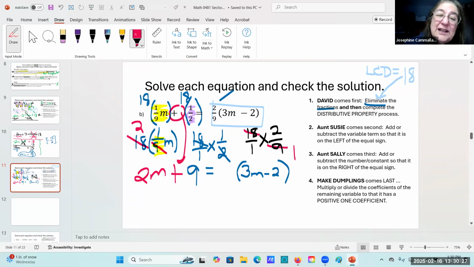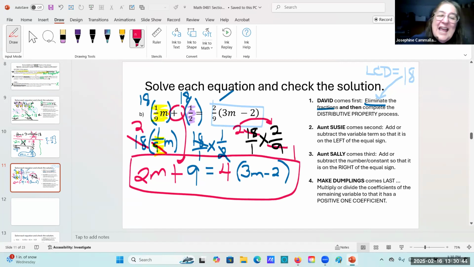This is 1, this is 2. So the coefficient in front of my parentheses is the whole number 4, because this 2 is multiplying by this 2. But notice, this line has no more fractions. Isn't that beautiful? Okay.